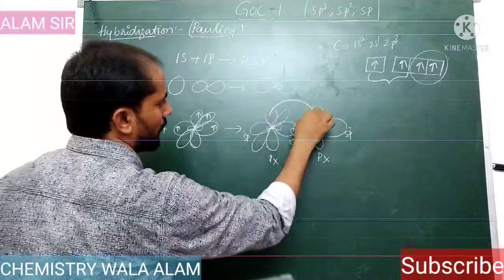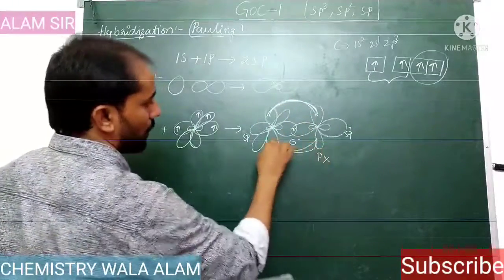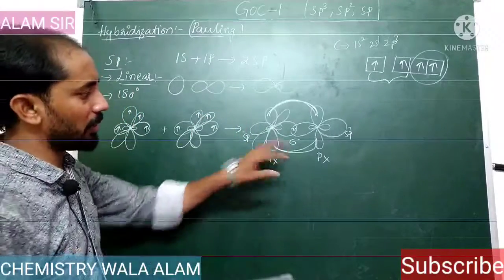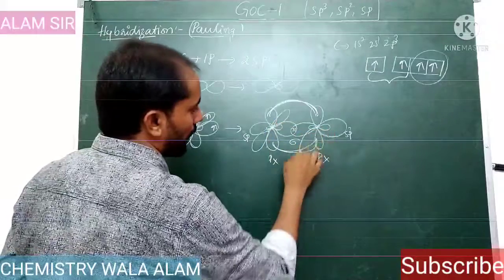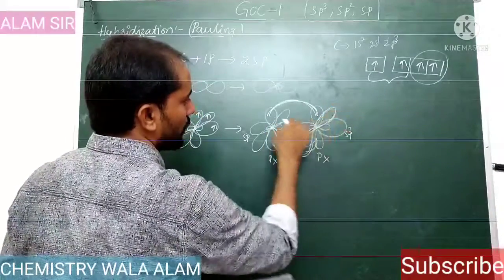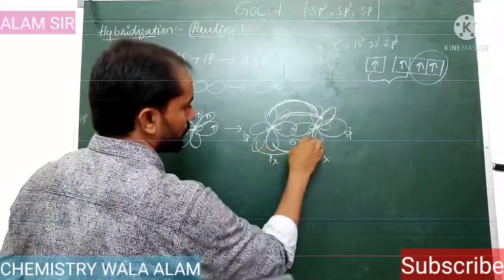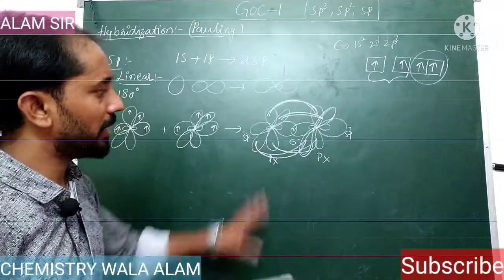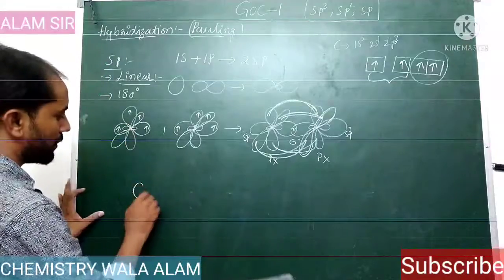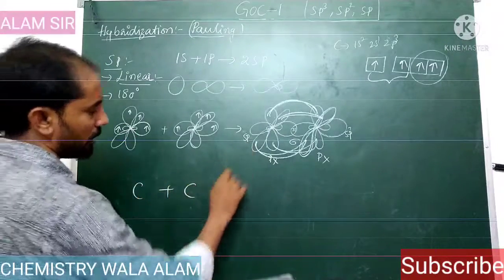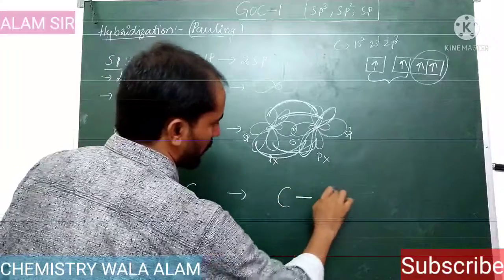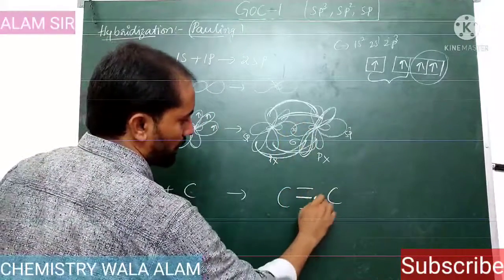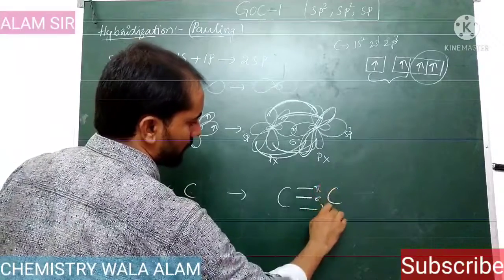Sideways overlapping of px with px, and in between these two also overlapping will take place. Between carbon and carbon, there is a single sigma bond and two pi bonds.